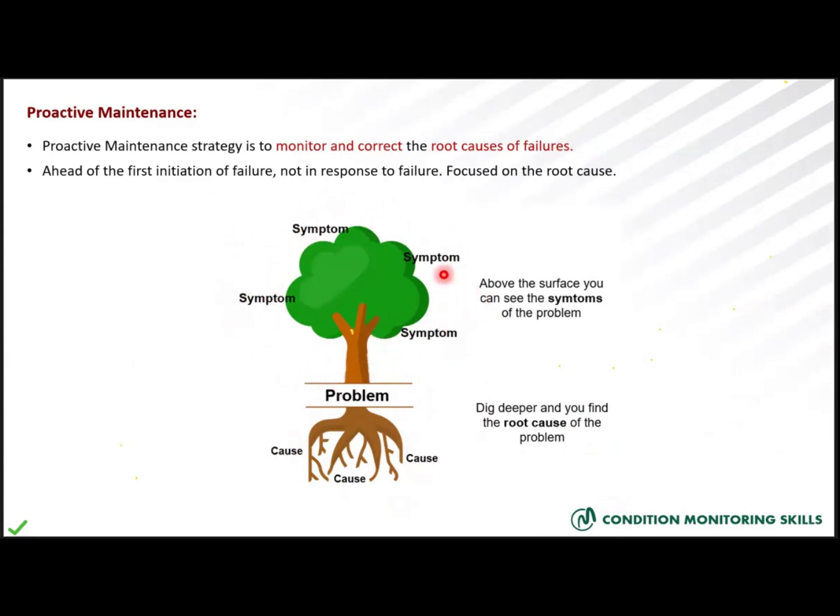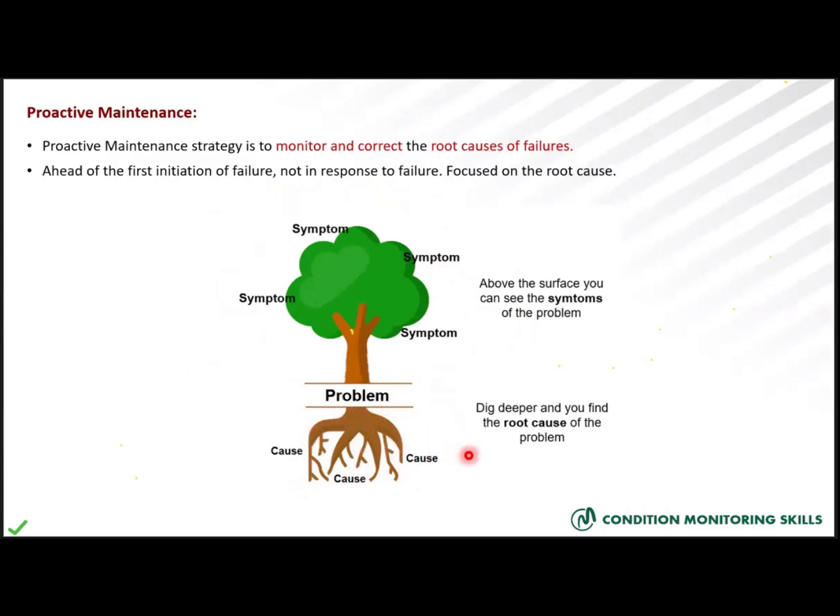Symptoms of the failure may be high vibration, an increase in temperature, or any other problem you may notice or detect. However, all of this is just symptoms of a problem, and there are root causes of the problem.